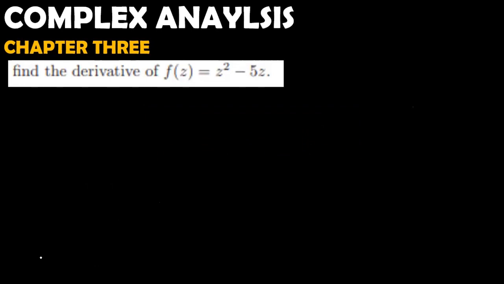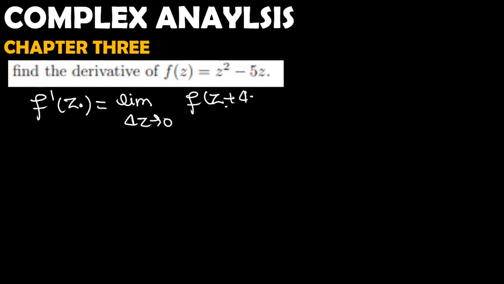So here we have an example. Find the derivative of f of z equal to z square minus 5z. The formula for the derivative of a complex function is f dash of z0 equal to the limit as delta z approaches 0 of f of z0 plus delta z minus f of z0 over delta z.